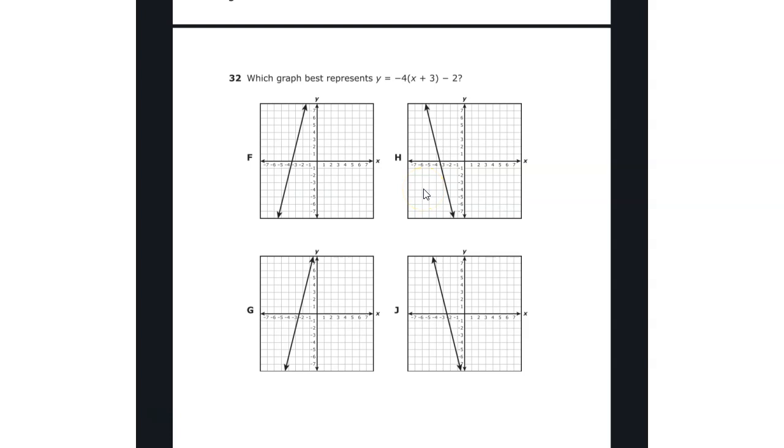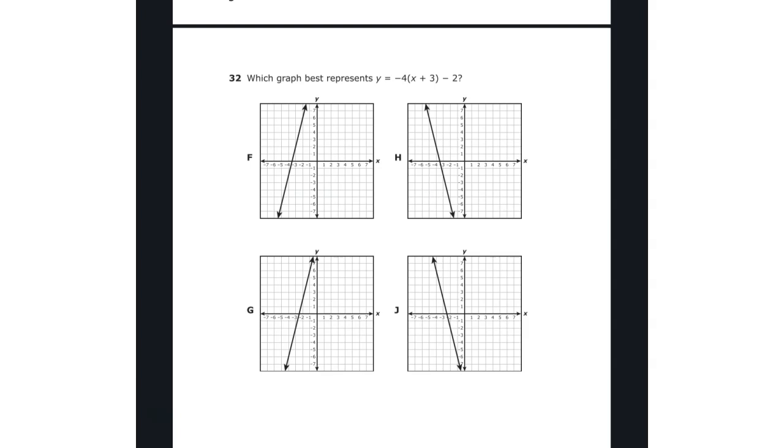Which graph best represents y equal to negative 4 times the absolute value of x plus 3, minus 2? Okay. So the first thing we're going to do is try to find the h, k.